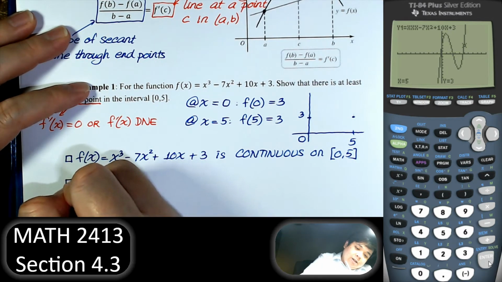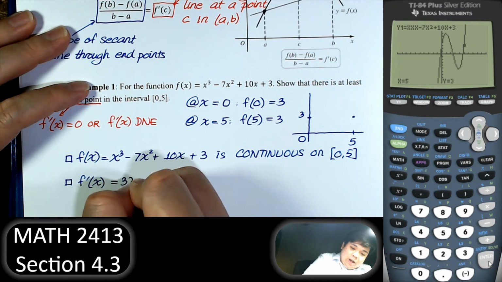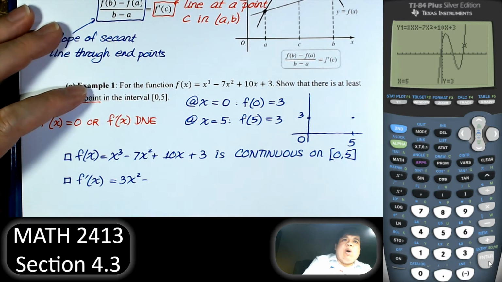Second, the derivative: 3x squared minus 14x plus 10. Why do we have to take the derivative?